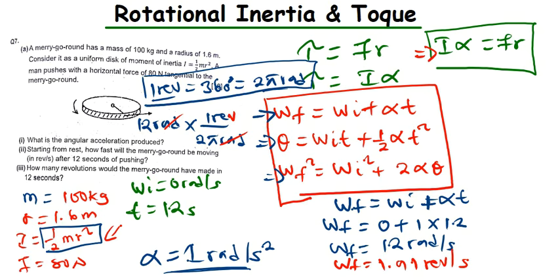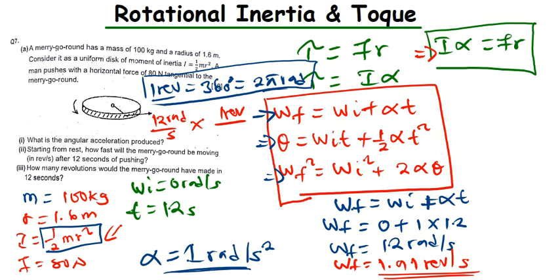Using dimensional analysis, the best way you can do is this. You have 12 rad per second, and you say in 1 revolution is equal to 2 pi rad, and the second you put down there.